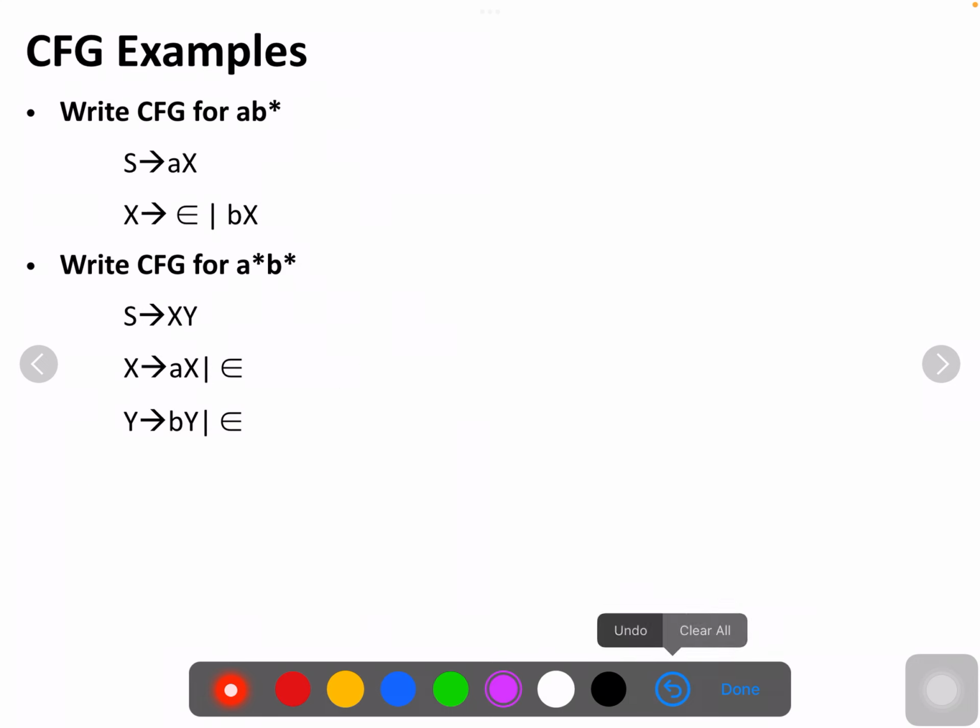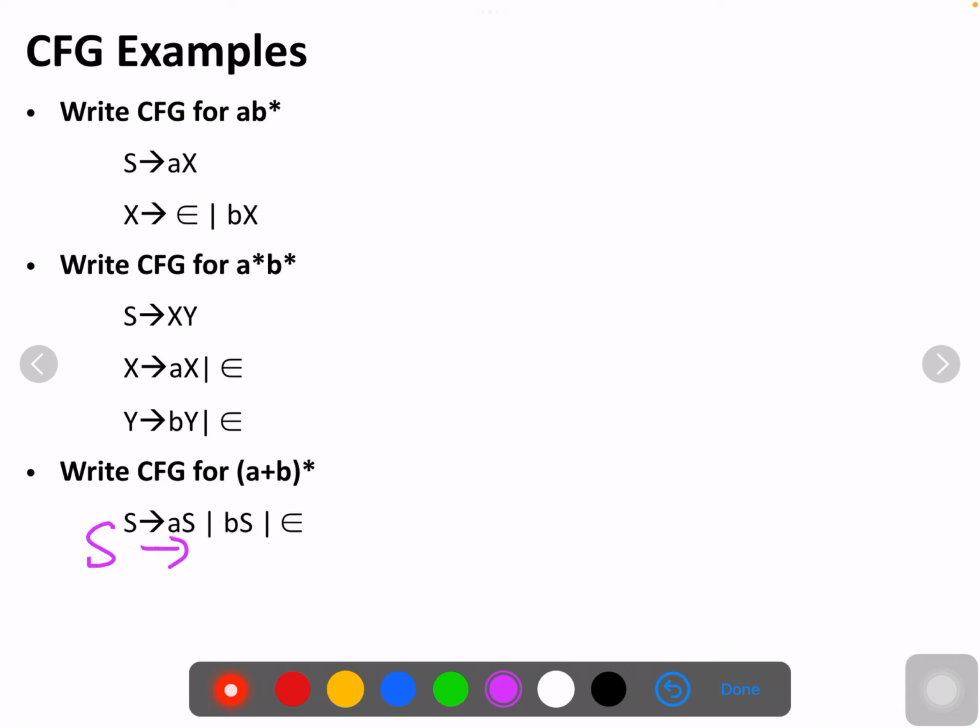Okay, got it? Then how to write this? This is very simple. Very simple one. You can write, what is that? One rule is S gives epsilon. Another one is it can generate any number of a's and any number of b's. So what is that?